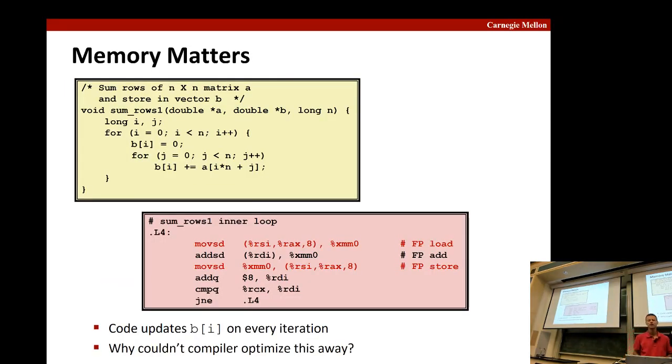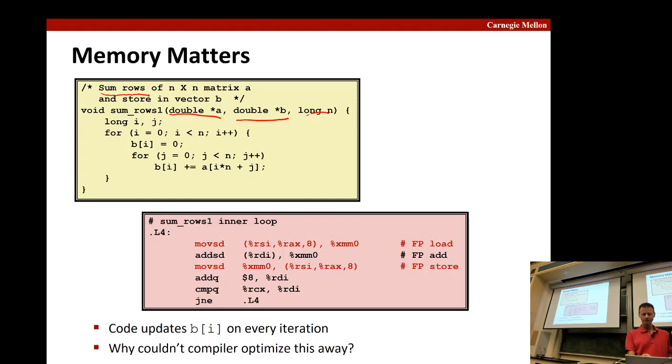Okay, so this is an interesting example. Here we want to sum up the rows. We have a two-dimensional matrix, and we want to sum up the rows and store them in this vector b. So we pass it a pointer to the matrix, a pointer to the vector we want to populate, and the length. Okay?